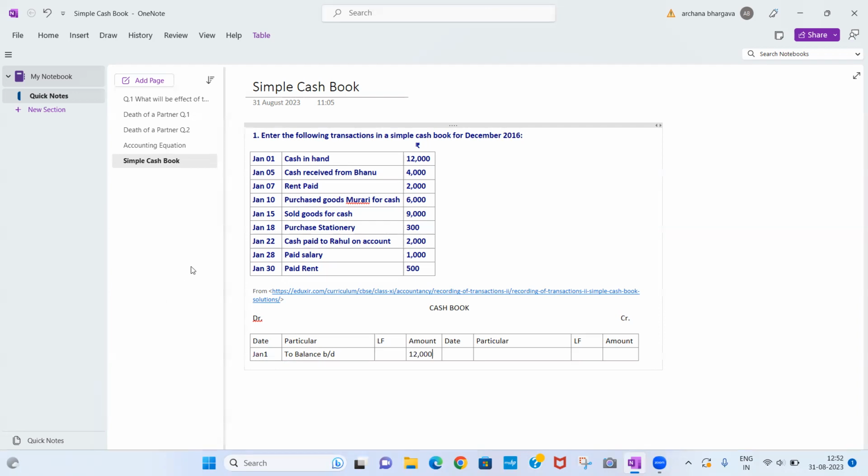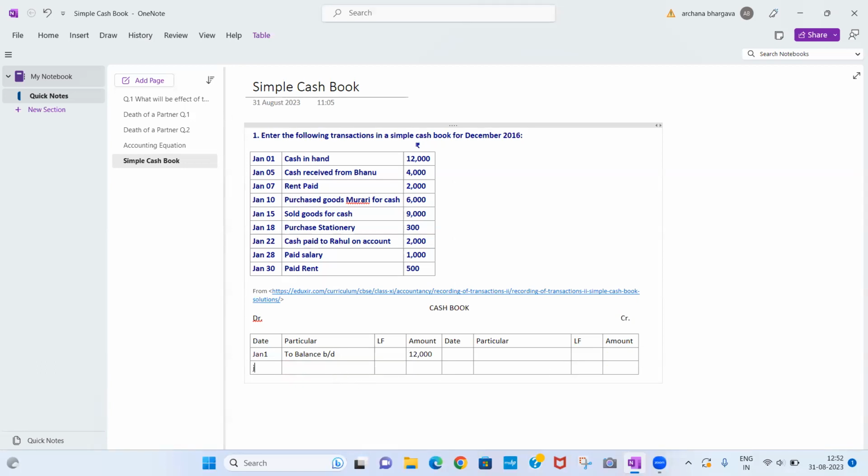Now the next transaction is of January 5 and that is cash received from Bhanu. So again, it's a cash received, and when cash comes in, as per the traditional approach, it is debited.